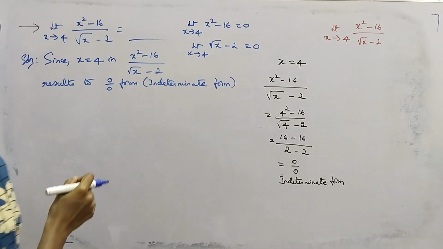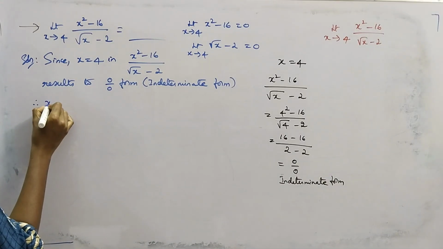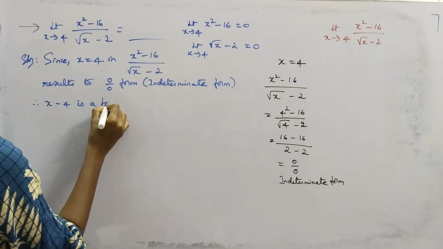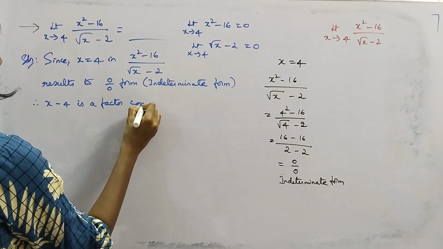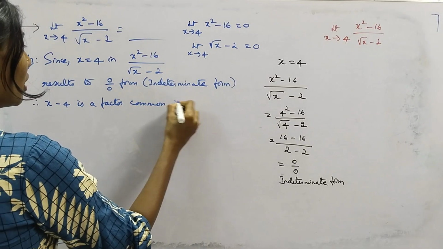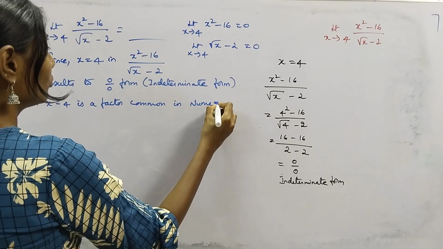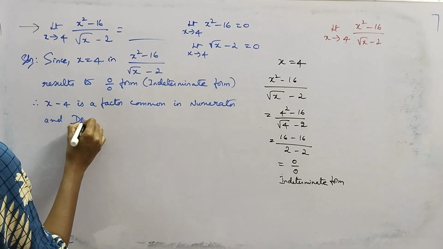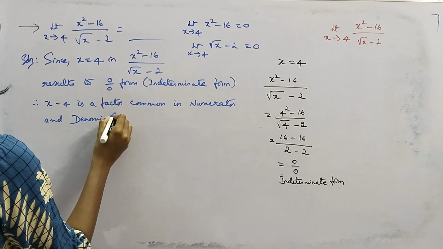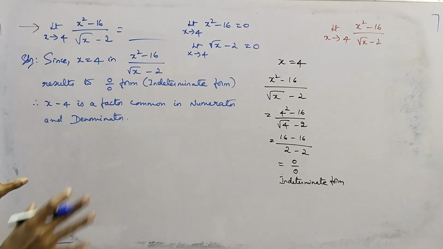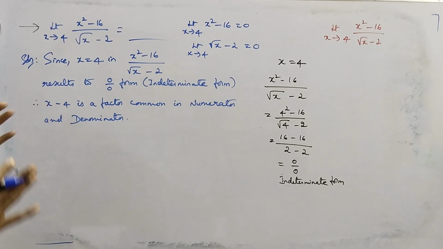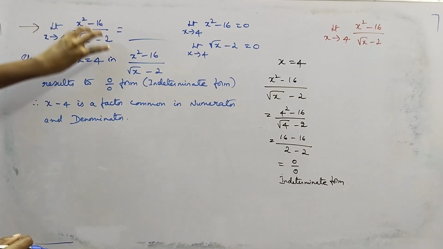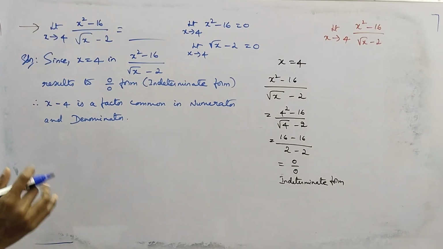Which shows that x minus 4 is a factor common in the numerator and denominator. You'll get x minus 4 in the numerator and denominator as a common factor. Let's see how we are going to get that.